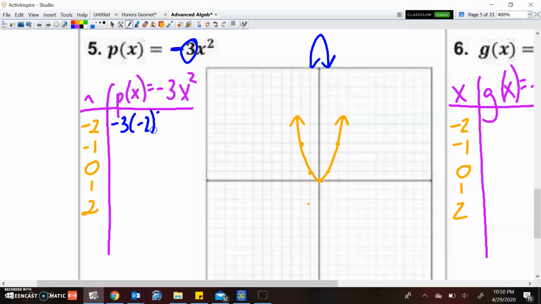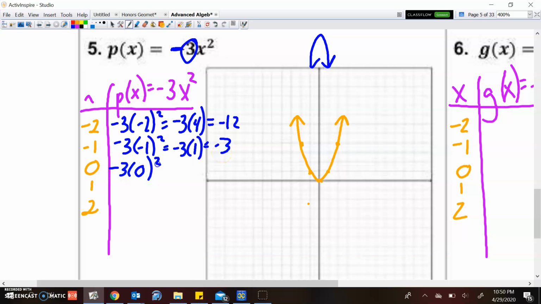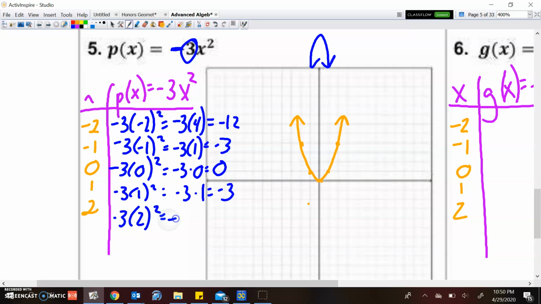-3 times -2 squared. -2 squared is 4, so it's -3 times 4, which is -12. -3 times -1 squared. -3 times +1 is -3. -3 times 0 squared is -3 times 0, or 0. -3 times 1 squared is -3 times 1, -3, and lastly -3 times 2 squared. 2 squared is 4, so -3 times 4, which is -12.